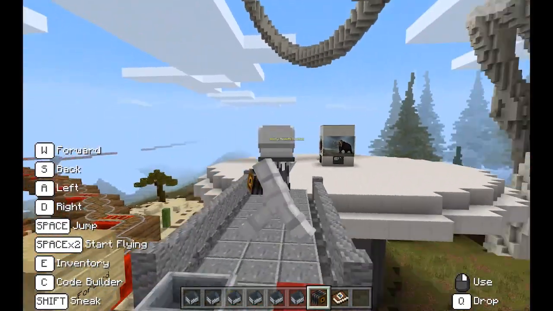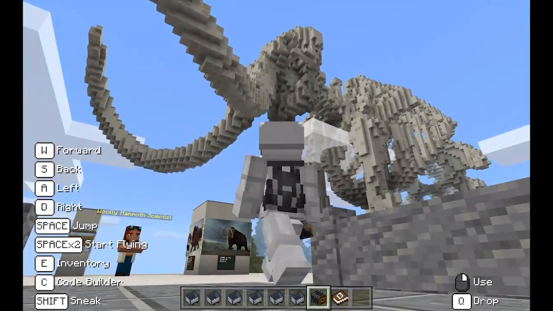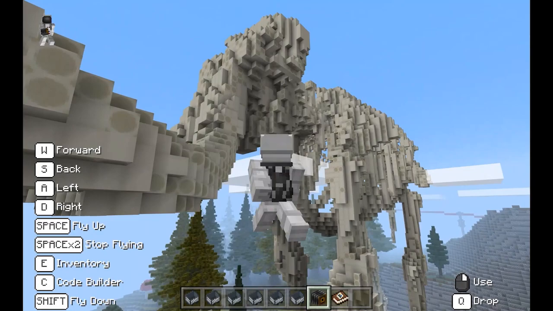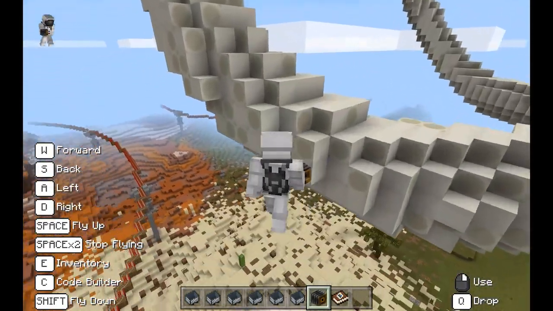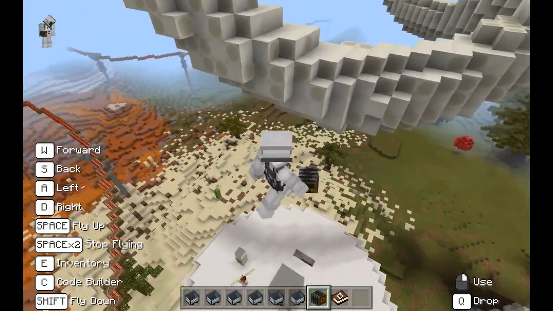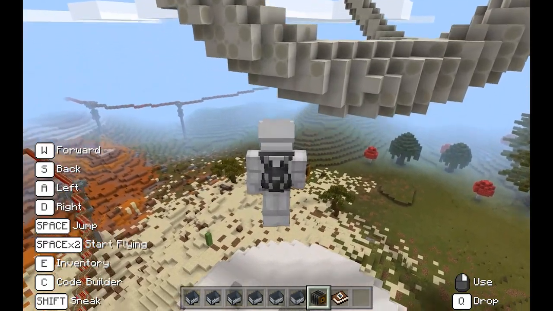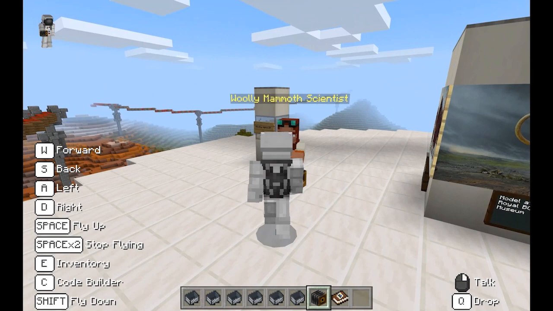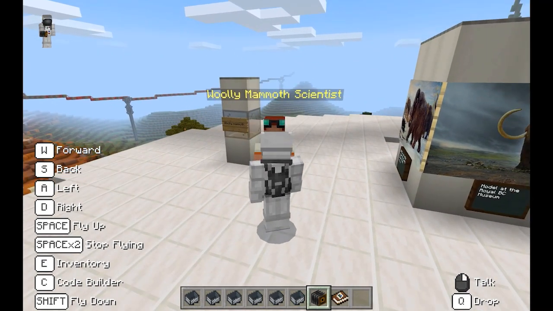One of the things that I've noticed that's really cool about this Minecraft world is, I'm not sure if you can see, but this entire extinct animal's skeleton is built out of bone block. So for those of you who are into Minecraft, that's pretty cool. Good attention to detail. Alright, let's talk to the scientist. Woolly mammoth scientist. I've definitely heard of these.